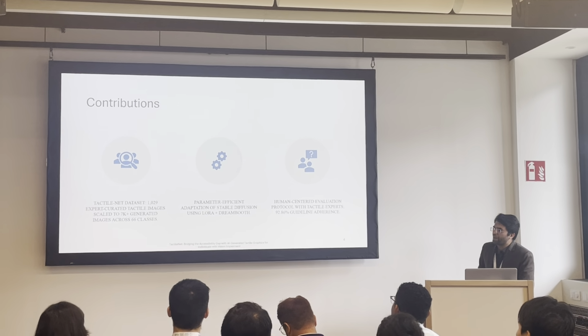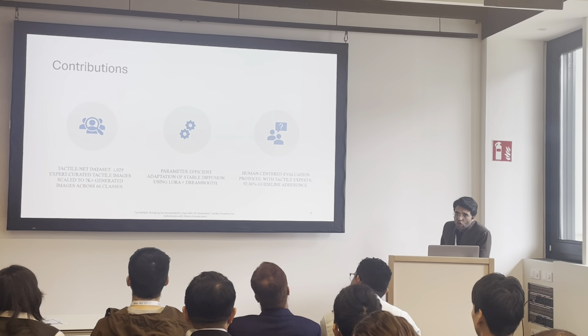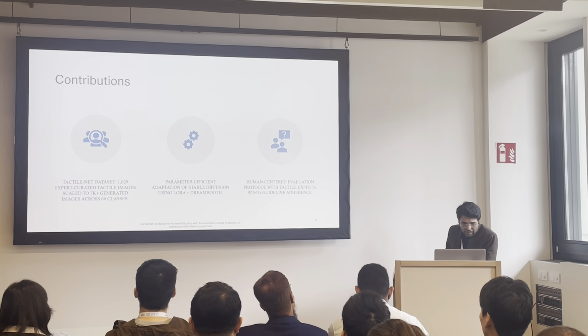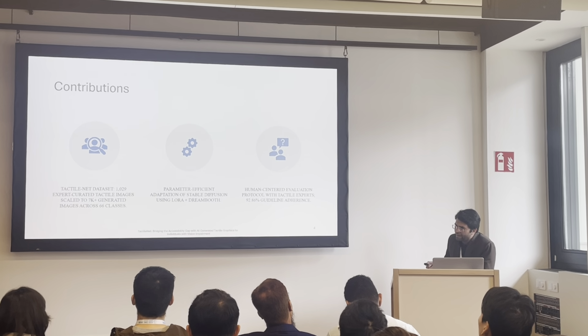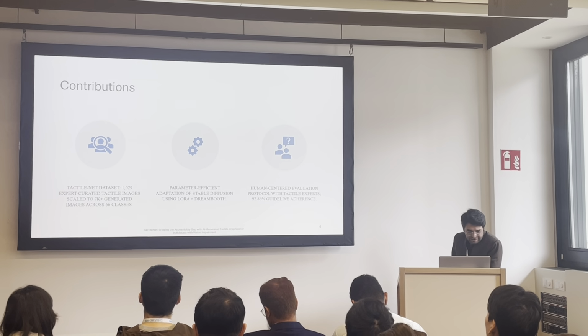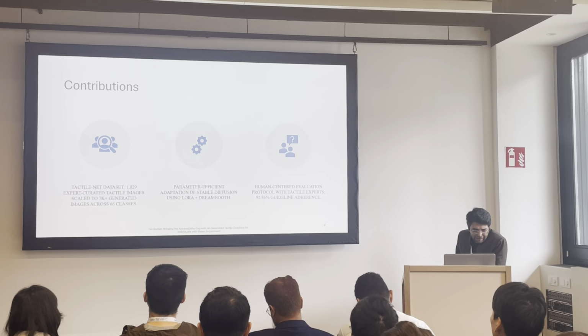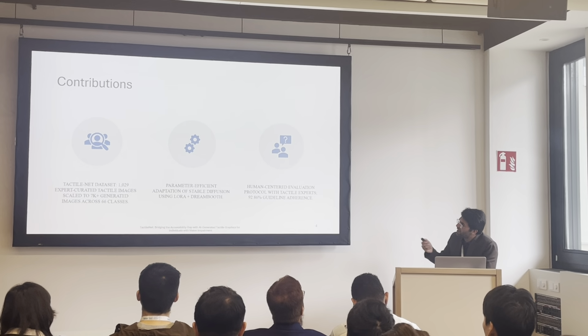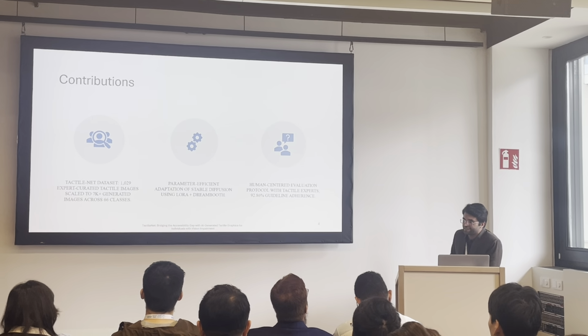We introduced the TactileNet dataset, which includes 1,029 expert curated tactile graphics, scraped from multiple tactile graphics libraries, for example, the American Printing House for the Blind. These images are then scaled using our method to more than 7,000 generated images or templates across 66 different classes.